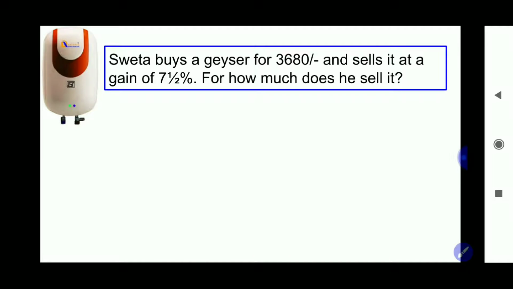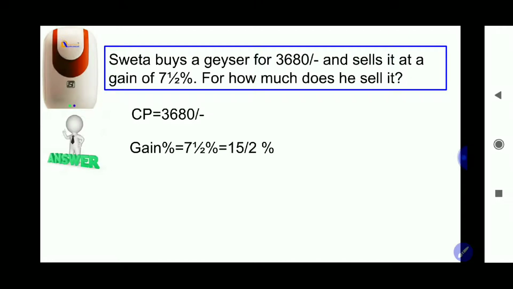One more question. Sweta buys a geyser for 3,680 rupees and sells it at a gain of 7.5%. How much does she sell it for? Here CP is 3,680 and gain percentage is 7.5, that means 15 by 2%.